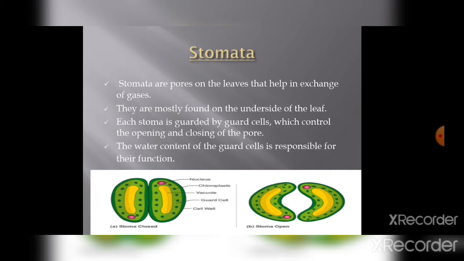The site where the food is made is the chloroplast. In the chloroplast food is made, and it is stored in the leaves as starch.